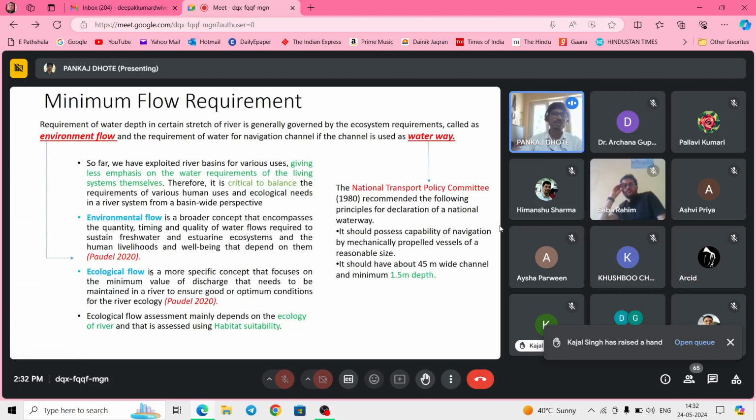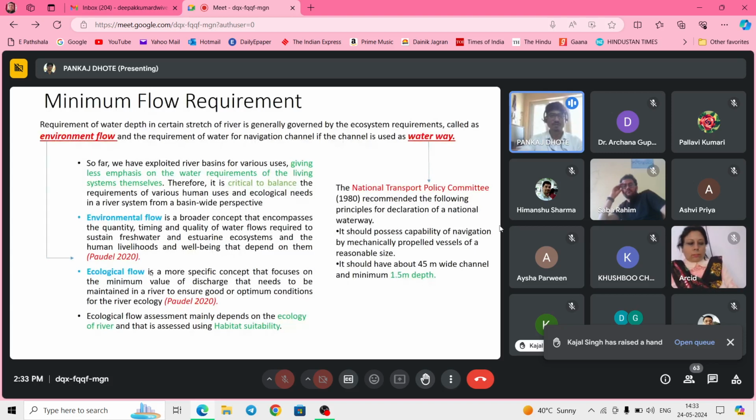This is where the two things meet. A core interdisciplinary approach is required to address this problem. Not only the engineering background to assess the hydrodynamics of the river, but also to understand which kind of aquatic life is there and what is the minimum requirement for those kinds of aquatic life.